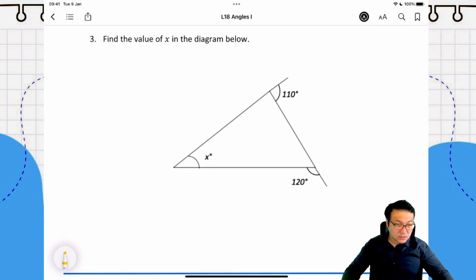Alistair, I don't know why you typed 130. I'm asking you to find angle x. Question 3, okay? Try again. Visham, you're correct. Alistair, you're correct. Shiting, you're correct.